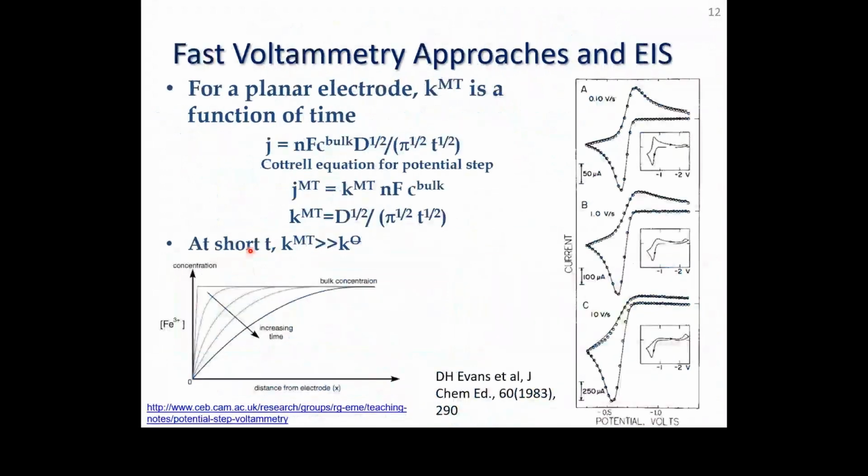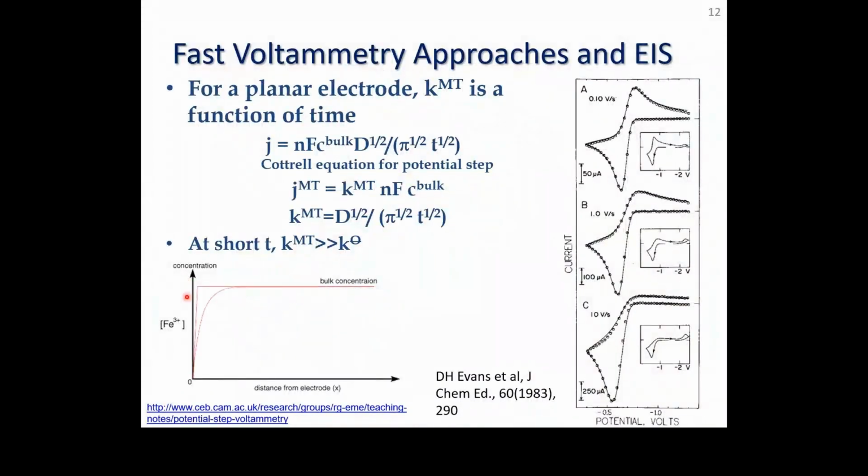The first example is to try and decrease the measurement time, and that is because if we have a planar electrode surface, the current we measure is actually time dependent. This is due to the well-known Cottrell equation, for instance, for a potential step, and this comes about because at short time we have lots of reactant at the surface, and over time we deplete that reactant.